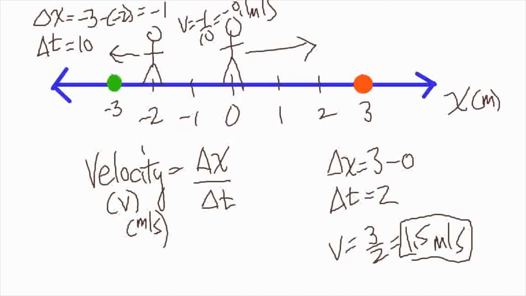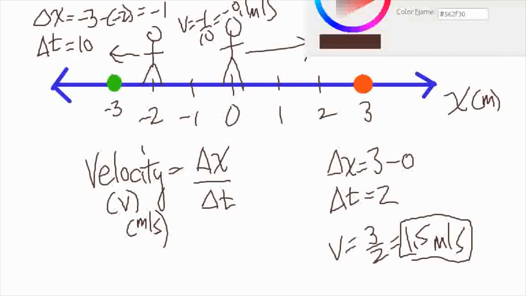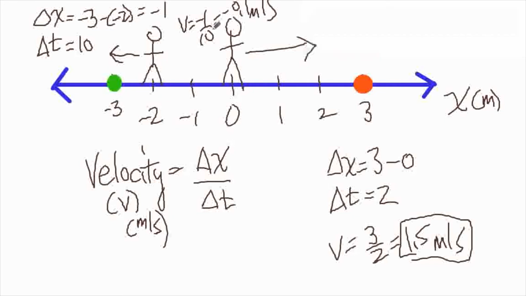Okay, now with velocity we have a similar idea. If you just want the number, if you just want the absolute value, and you don't care about whether the velocity is positive or negative, then you're talking about something a little bit different. That's called speed. Okay, speed, and the formula will use the absolute value. Excuse me, change in x, not v.